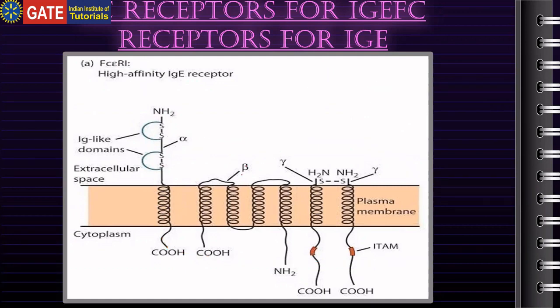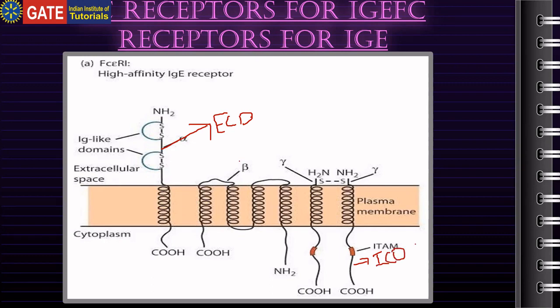Friends, if you observe the structure very correctly, this is the alpha domain, having a larger extracellular domain, correct? And if you look into the gamma, gamma is having a larger intracellular domain, correct?